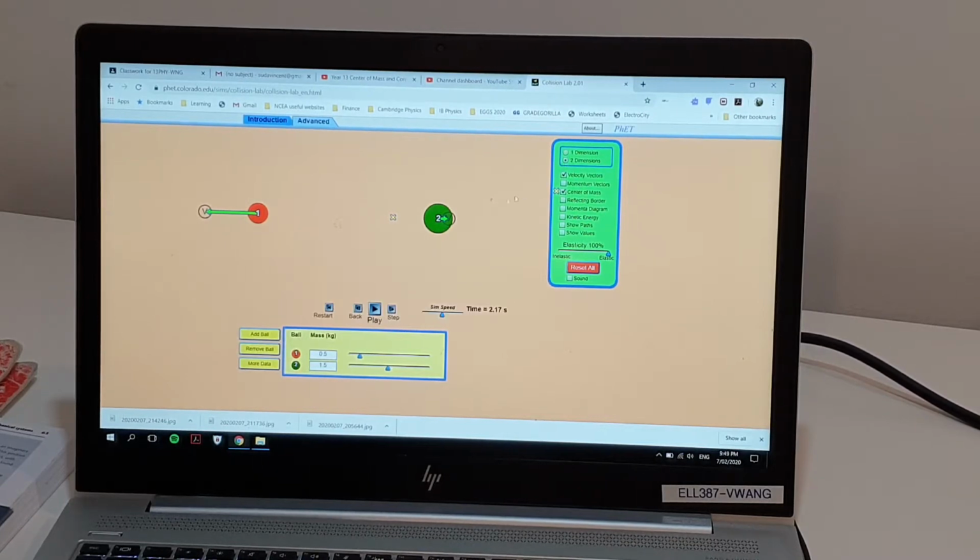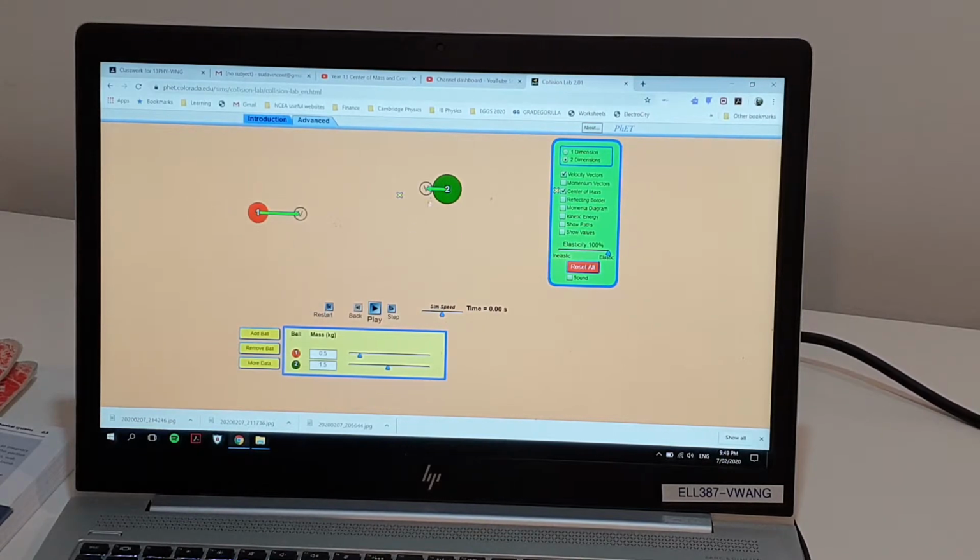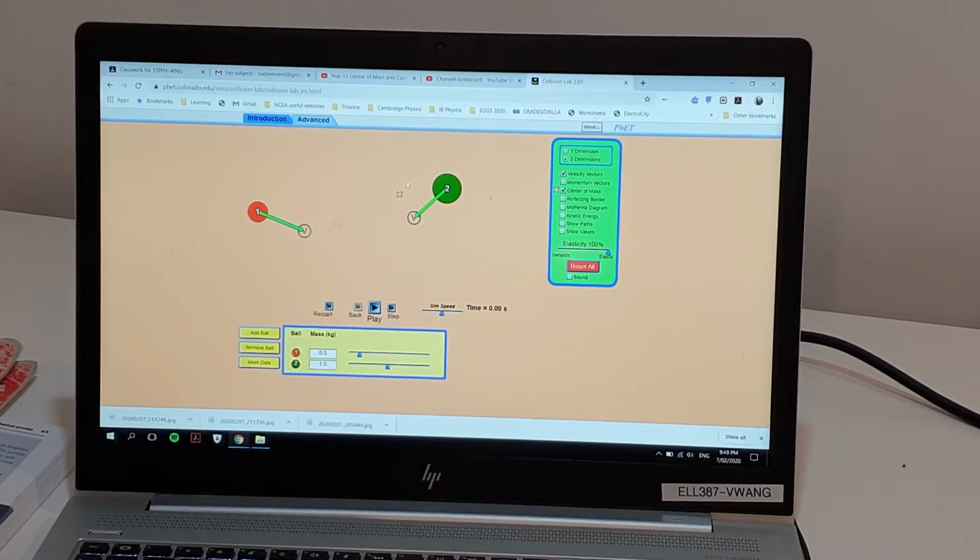Okay, if we look at 2D situations, the same thing is going to happen. So I can restart it, change the velocity, say it's going to go in this direction, and then I'm going to try to make the other go this direction. Hopefully they're going to hit each other, and look at the center of mass over here.